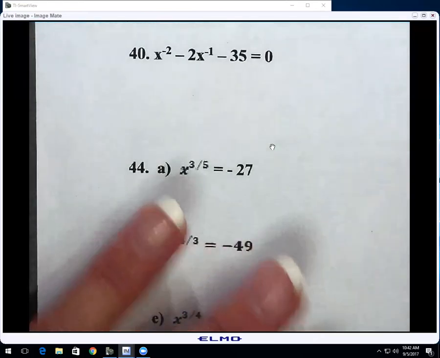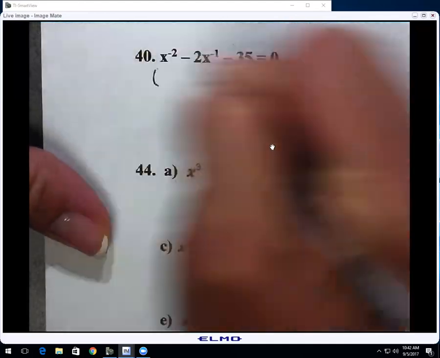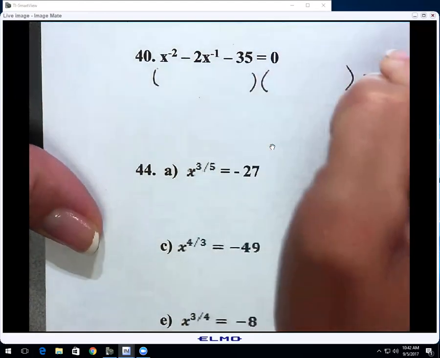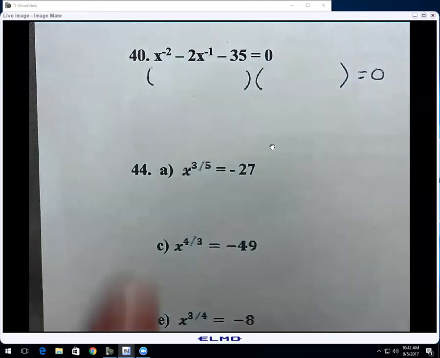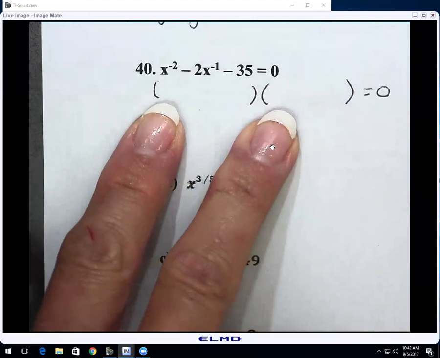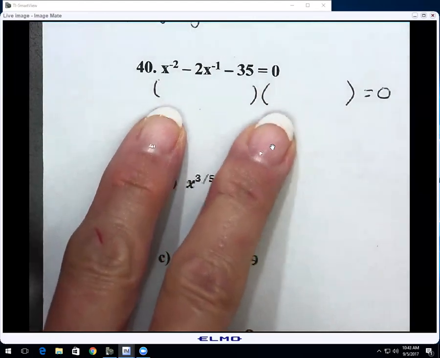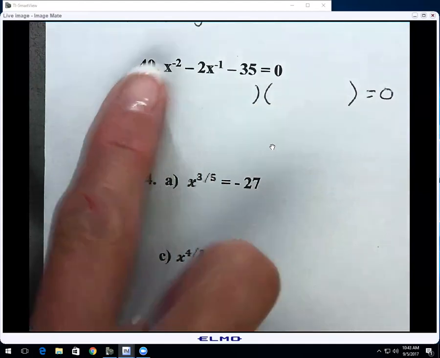Number 40 is already in standard form, but I've never factored with something with negative exponents. I think I could figure it out. Whatever I put as the first term of my two binomials, those two multiplied together have to give me x to the -2.